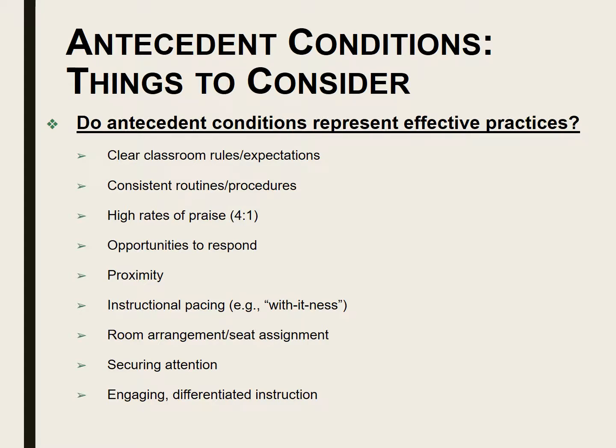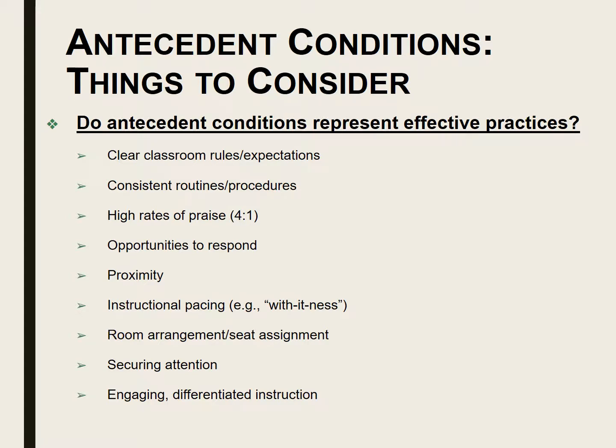Is the teacher using instructional pacing and with-itness for their classroom? Does the room arrangement or seating assignment need to be reconsidered? Is the teacher securing student attention before moving on? Is the teacher engaging in differential instruction? These are just some examples of effective practice.